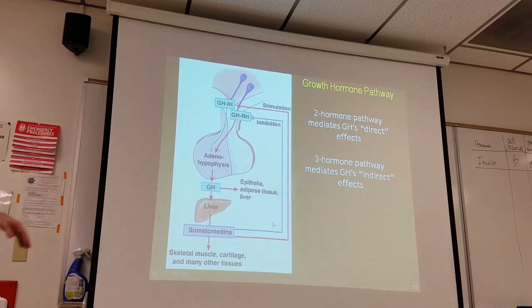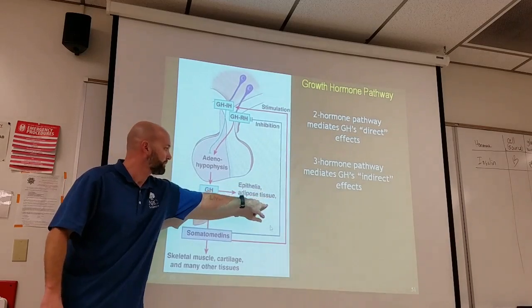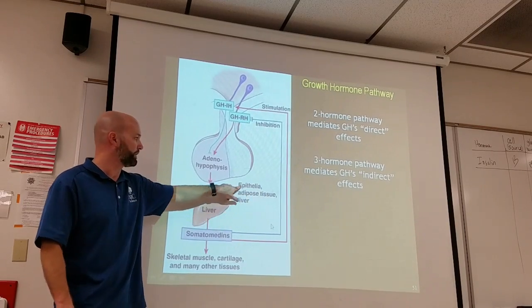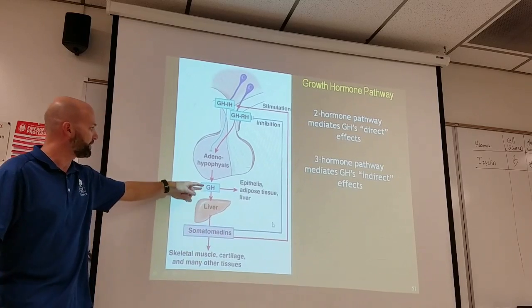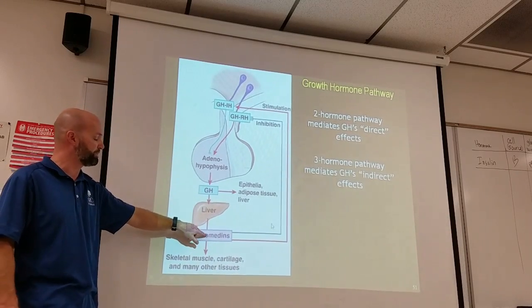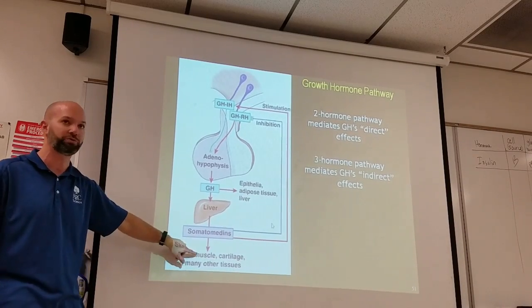Here they're showing you both growth hormone as part of a 2-hormone pathway with these target tissues, where it has metabolic effects other than growth, but also growth hormone as a 3-hormone pathway where it stimulates the release of somatomedins, which do mediate all the growth effects.